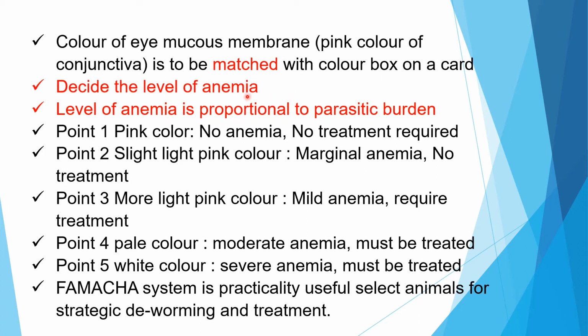And you know that the level of anemia is proportional to the parasitic burden. If there is mild anemia, mild parasitic burden; moderate anemia, moderate parasitic burden; severe anemia, severe parasitic burden.